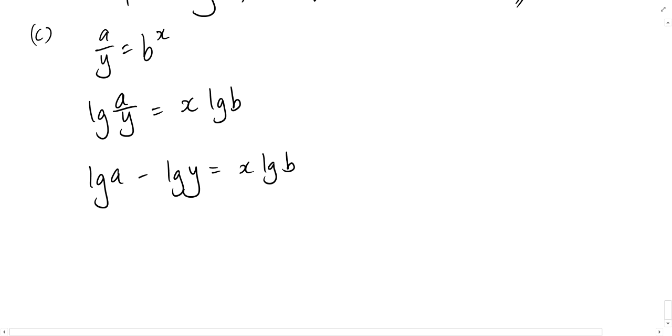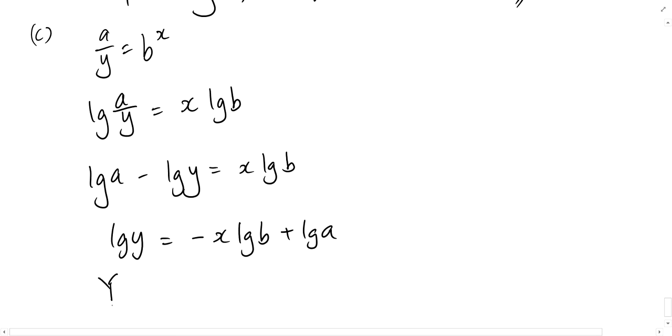What should we do next? This one from here can get an answer already, but can you help me arrange into variable equals to constant times variable plus constant first? Log y equals to negative x log b, then plus log a.